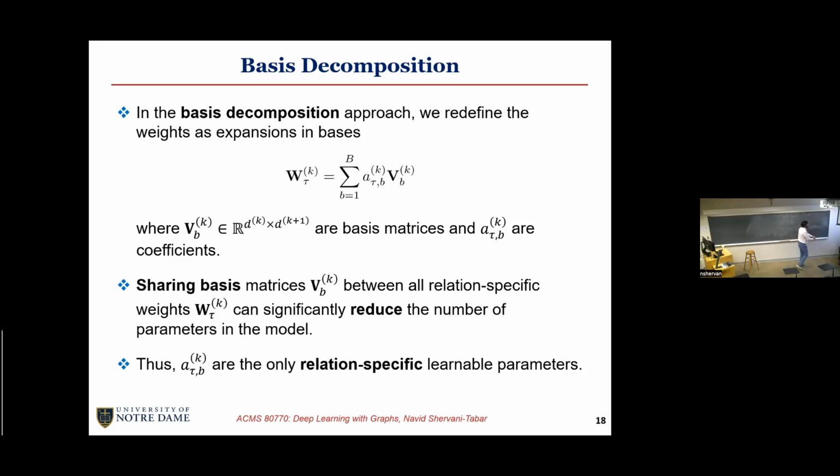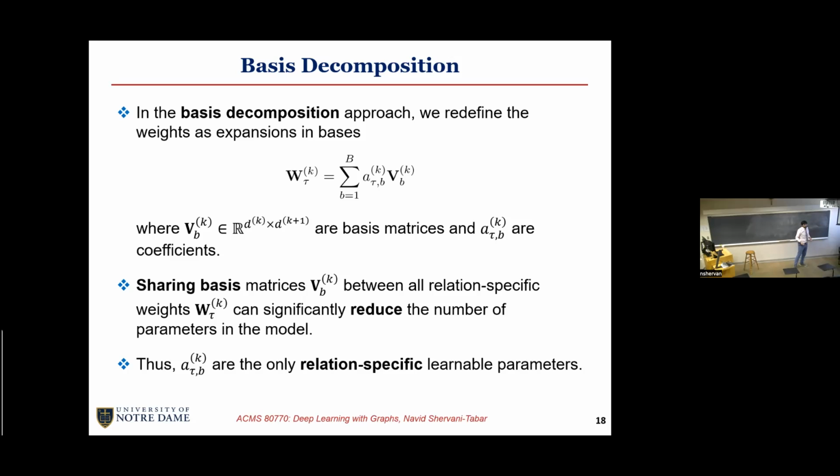So when I do that, I'm left with, for instance, 100, essentially capital B matrices V, and then I'm left with a coefficient vector for each edge type, right?